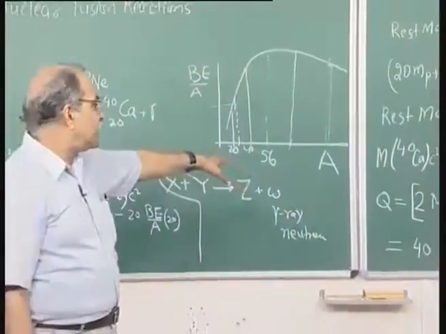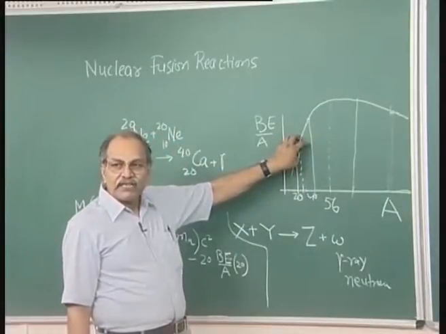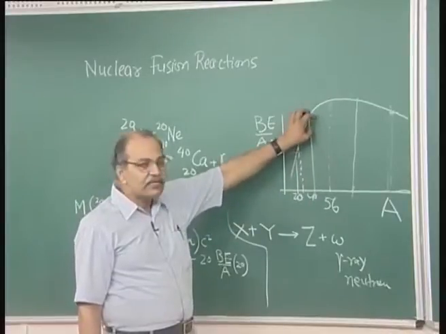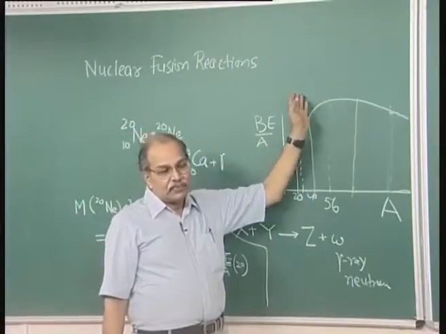Whenever you combine these nucleons in this zone, the light nuclei zone, and make a nucleus which is somewhat heavier than that, but do not cross this peak, you will get a positive Q value. So, this mode of energy production from nuclear reactions using light nuclei and their fusion has several advantages over what we are currently using, that is nuclear fission reactions.